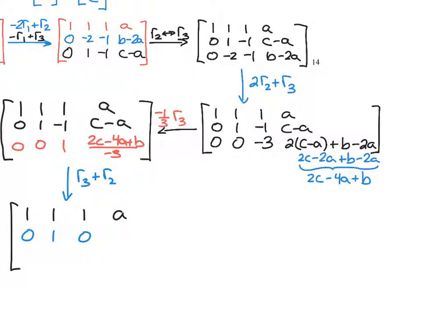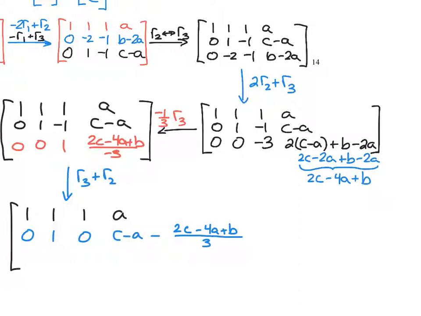Again, I'm not simplifying unless I have a dang good reason to. So C minus A, I can write, instead of plus, I can write minus, and then the whole fraction, 2C minus 4A plus B all over 3.